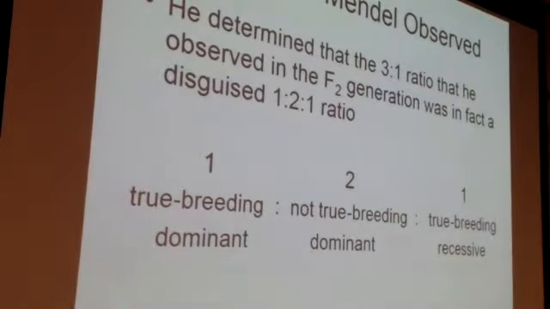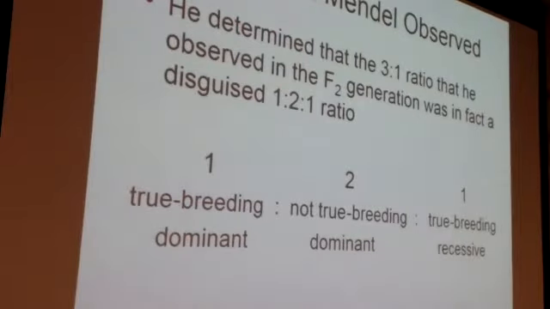Okay? This is called a monohybrid cross because he's crossing 2 hybrids that are hybrids for one trait. A hybrid is a heterozygote. But here we're only looking at 1 trait. We're just looking at flower color. We will get to where we're looking at 2 traits at a time, but right now it's just 1.